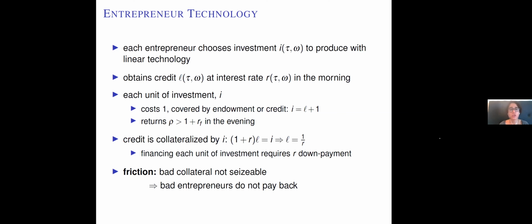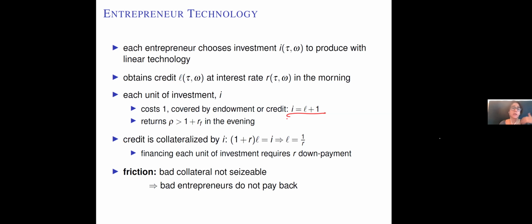Furthermore, it obtains credit, which we're going to denote by L, at an interest rate R, which is going to depend on its two-dimensional type, and it's going to be determined in equilibrium. Now, each unit of investment I costs 1 unit. There are 2 ways to cover it. It's either covered by the entrepreneur's endowment of 1, or by credit. Okay, so that's super simple.